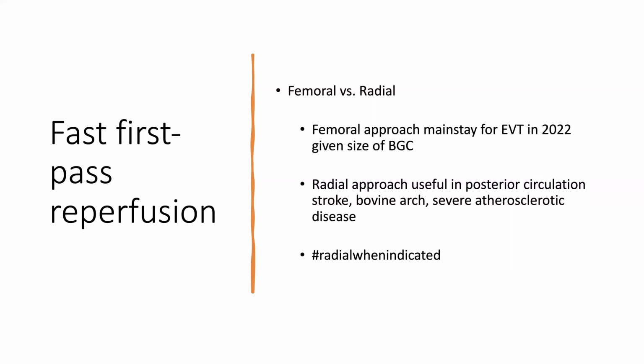I think the radial approach does have some use in a posterior circulation stroke where you're coming up to the vertebral artery. If you have a bovine arch, coming from the right side, you can get to a left common carotid artery very easily. Or if the patient has severe atherosclerotic disease at the aortic arch. So there are certain cases where we will use a radial approach. We usually look at the CT.